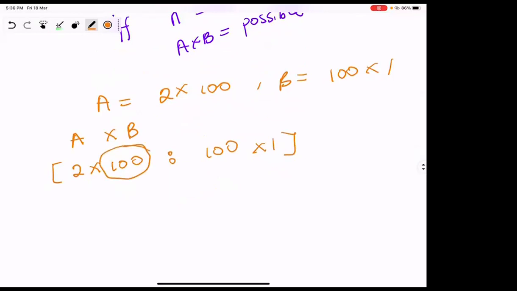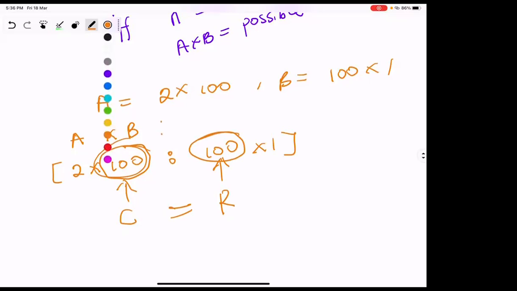This first 100 corresponds to the number of columns in the first matrix, and the second 100 corresponds to the number of rows in the second matrix. And since columns in the first matrix is the same as rows in the second matrix, it means that A times B is possible. And if it's possible, then the dimension of the resulting matrix is 2 by 1.